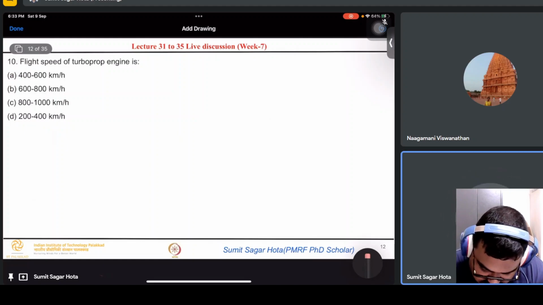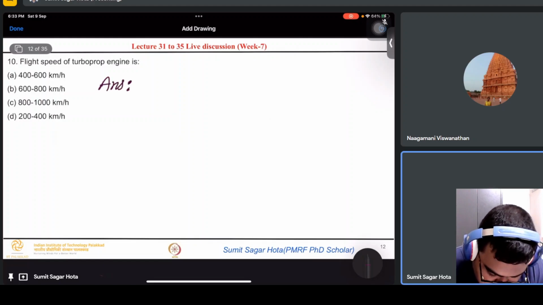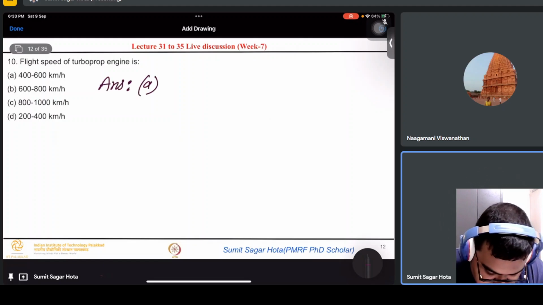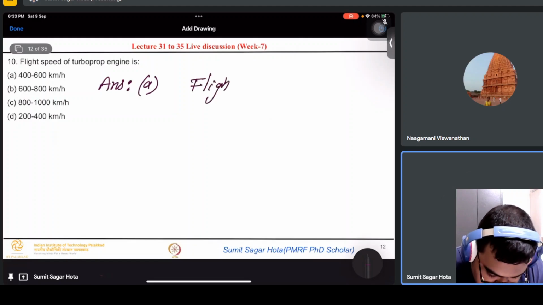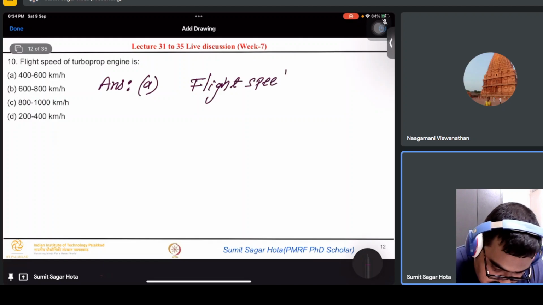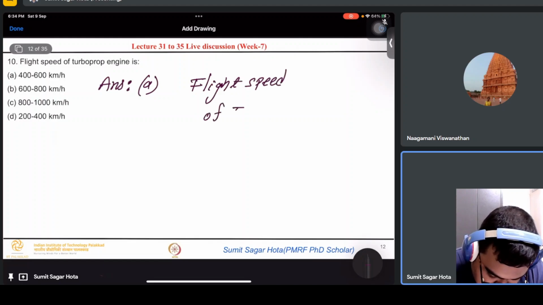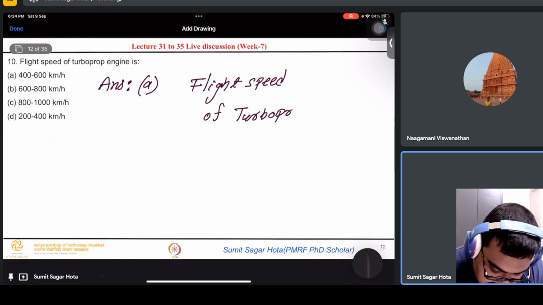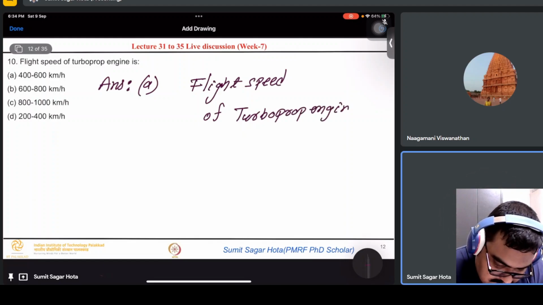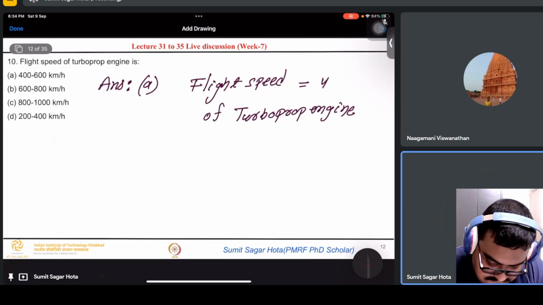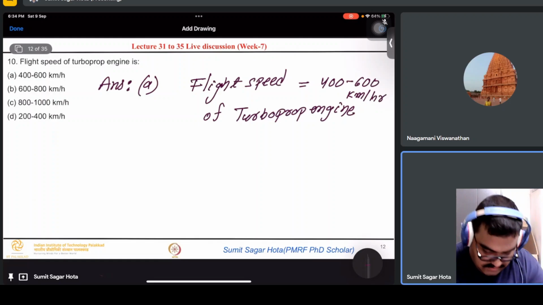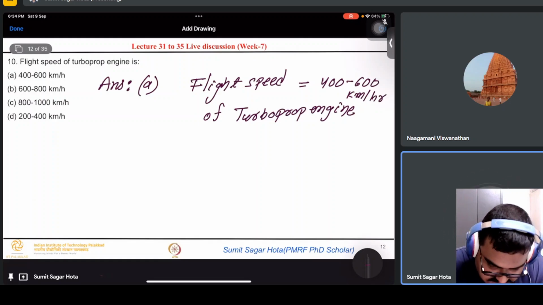So the option is 400 to 600, option A. The flight speed of a turboprop engine is 400 to 600 km per hour.